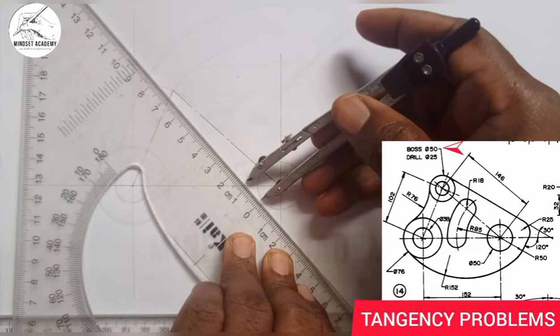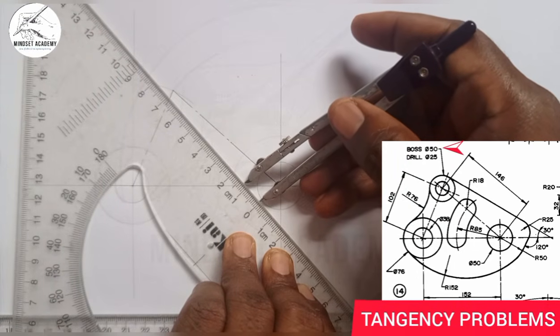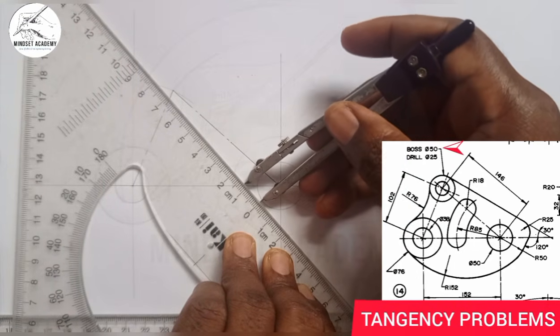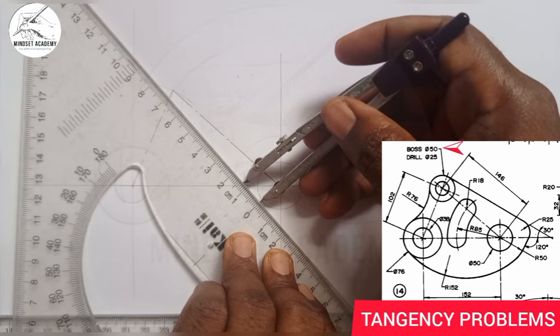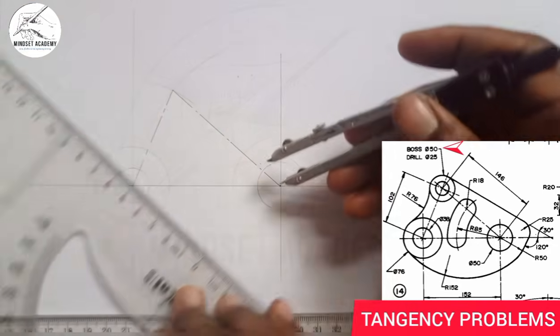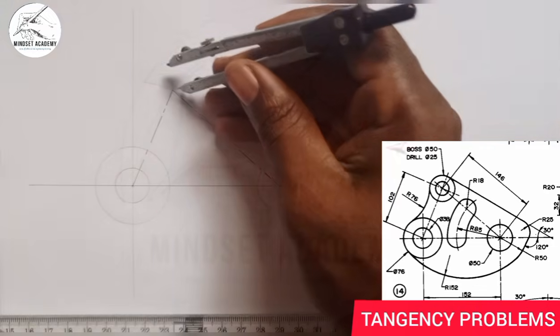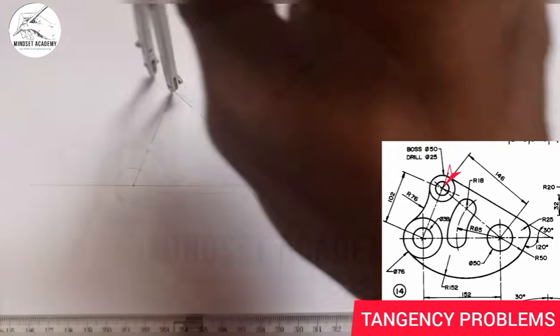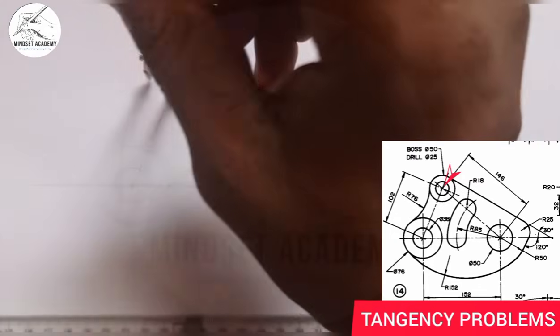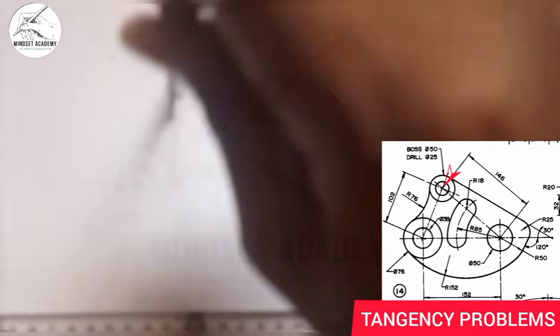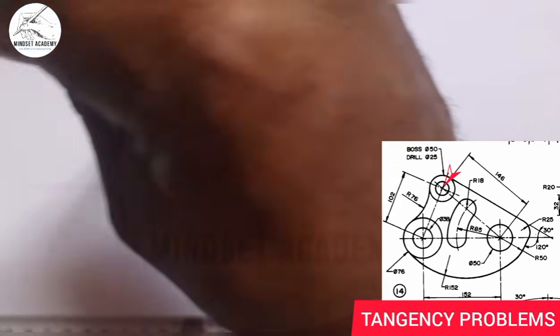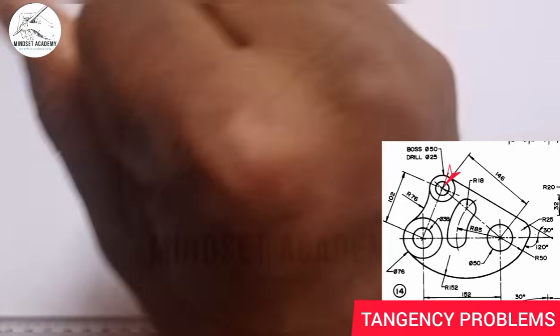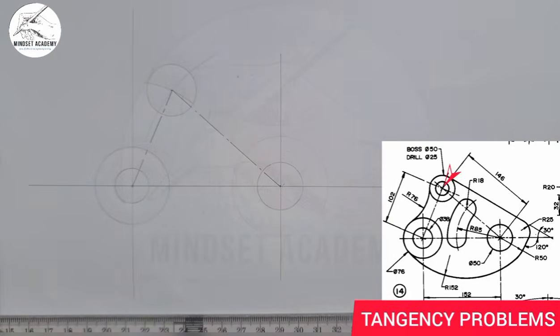Hope you can see that. 12.5 around here, right? And I'll place it at this point. Then I'll draw a circle. Hope you can see that.